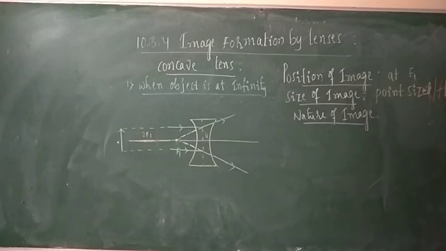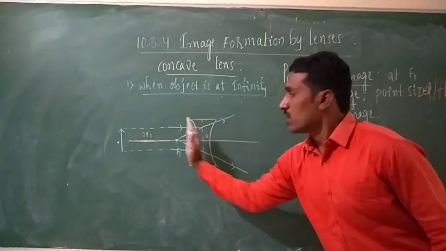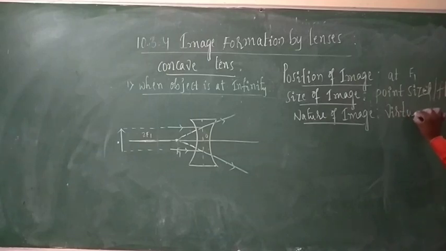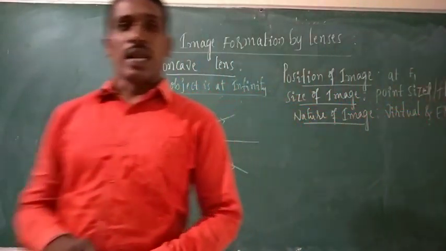What is the nature? If the image is formed on the same side of the lens, it is a virtual and erect image. Virtual and erect. A concave lens always produces a virtual and erect image only.